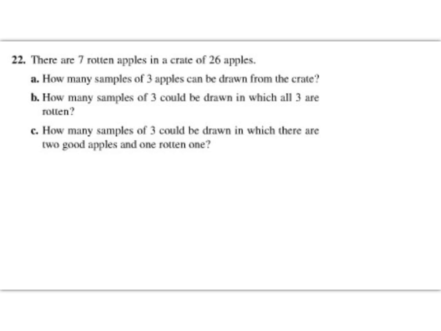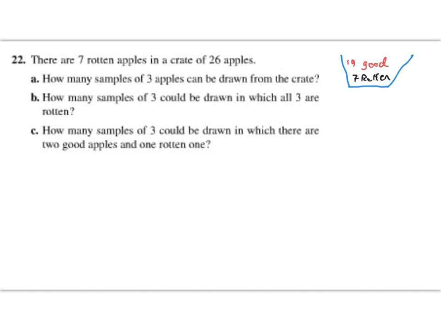Okay, so we've got this crate of apples here, and we have 7 that are rotten. Okay, now stop and think for just a moment here. That means we have 19 that are good. Okay?